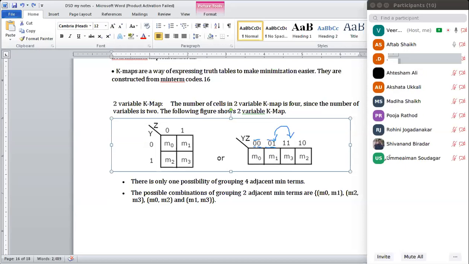Okay. Now, are you understanding this? Why are we writing it as 0, 1, 3, 2? No one is replying. Are you hearing?